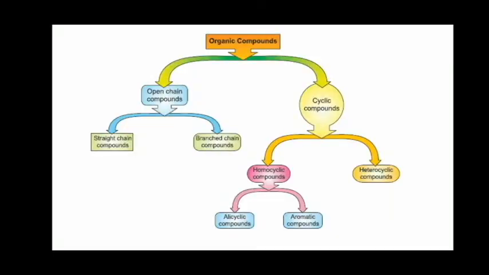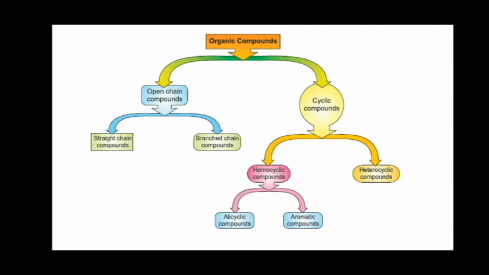Now see the classification of organic compounds. We discussed the introduction to organic chemistry. Then we have the importance of carbon. So what are the different organic compounds made with carbon, and how have they been classified? This is an important criterion here.